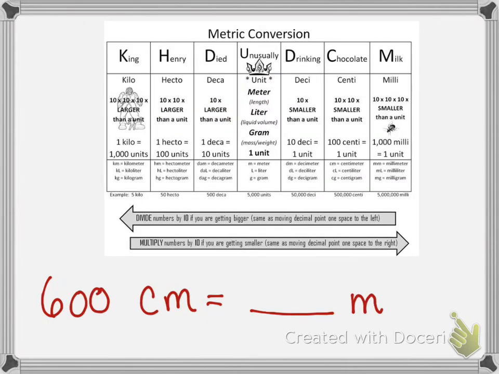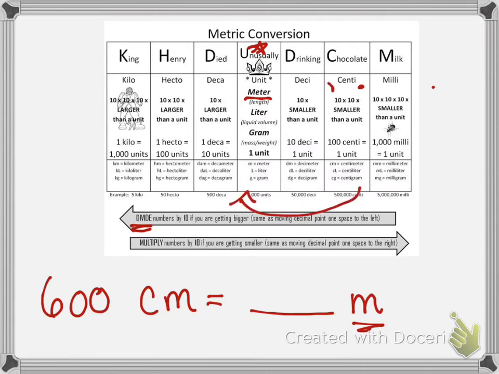The next example, we're starting off with 600 centimeters. So we're starting here. And we want to go to meters. Where's meters in our metric conversion chart? Here's our base unit, meters. So how many times do we have to move our decimal point? Notice we're going from a small unit of measure to a bigger unit. So we're going to have to divide. We're moving our decimal point to the left.